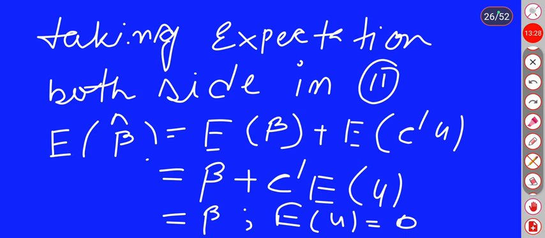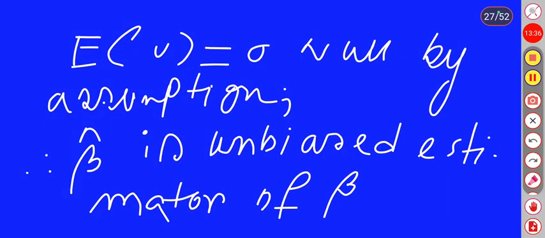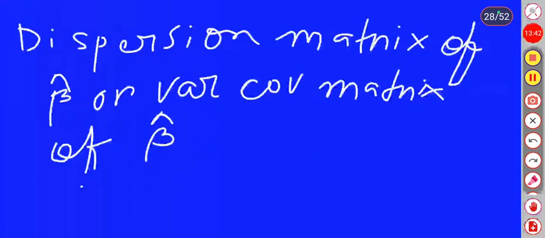It's equal to beta, because we know that the expectation of the stochastic part is equal to 0. So the expected value of u is equal to 0, null. By assumption, beta hat is an unbiased estimator of beta.